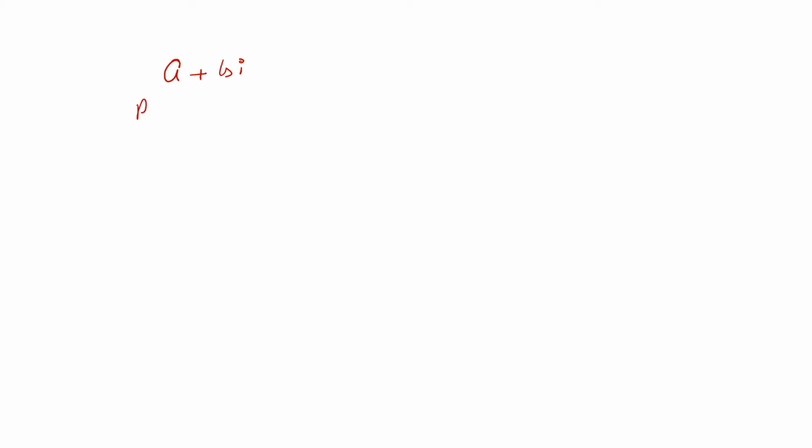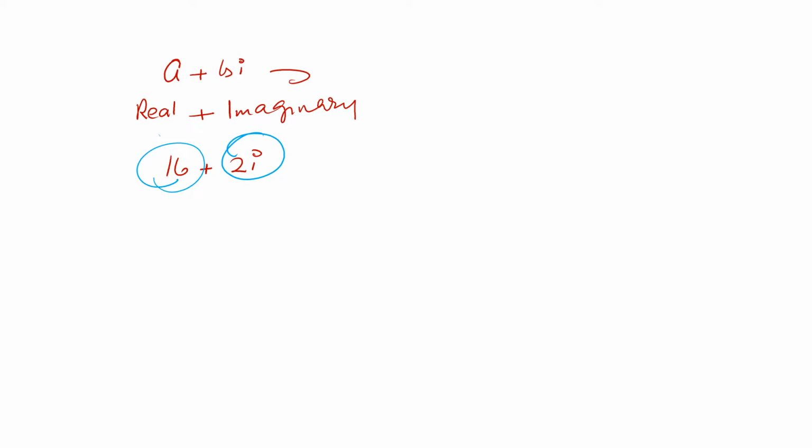Always write the real part and then the imaginary part. For example, 16 plus 2i. Where is the real number? 16 is my real number, whereas 2i is my imaginary number.